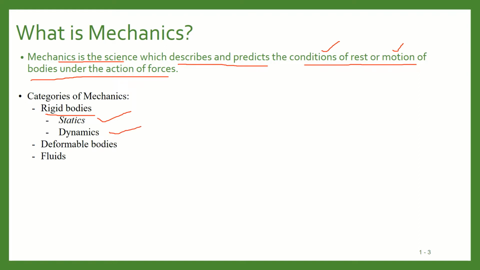Whenever you are studying the bodies which are rigid, then you have to study statics. When your bodies are in rest, then you have to study statics. And if your bodies are moving under the action of forces, then you can call it dynamics.